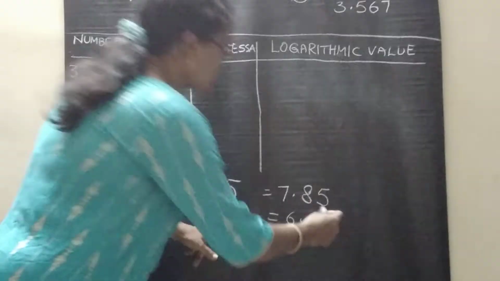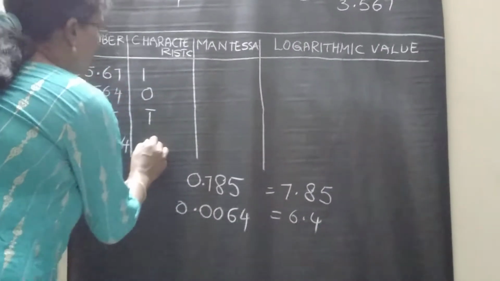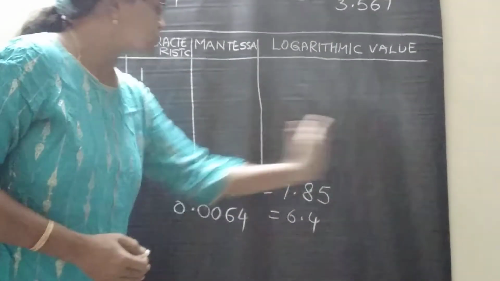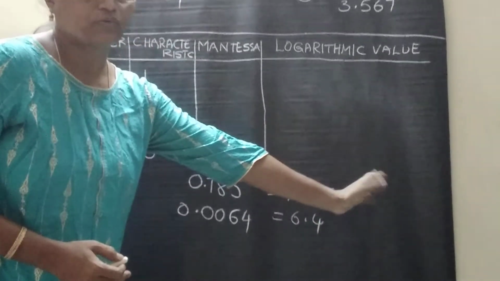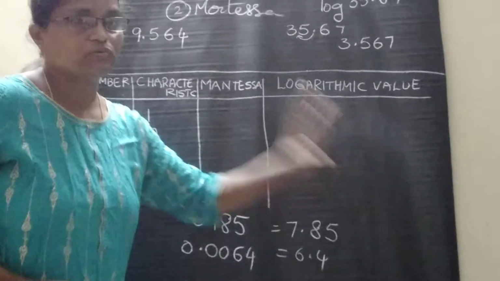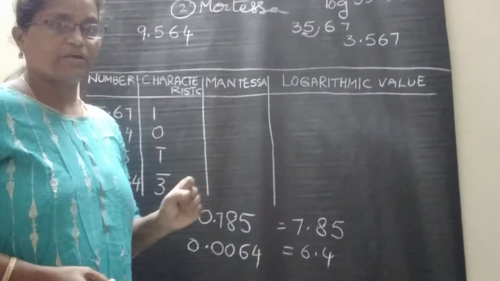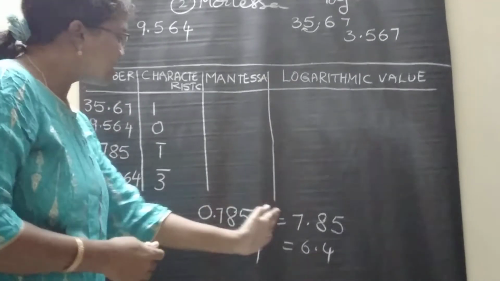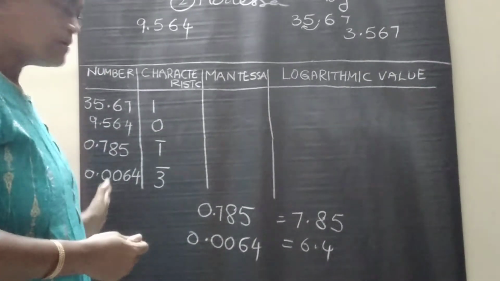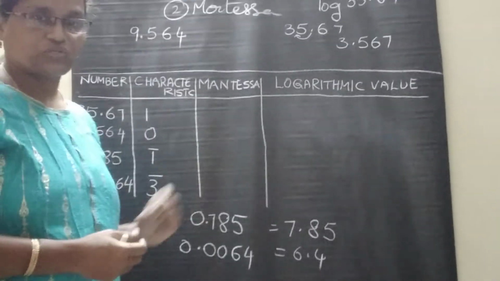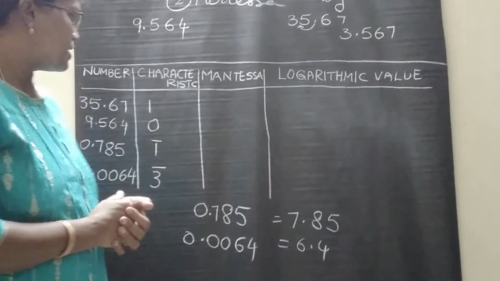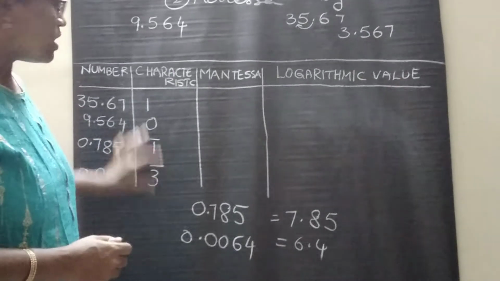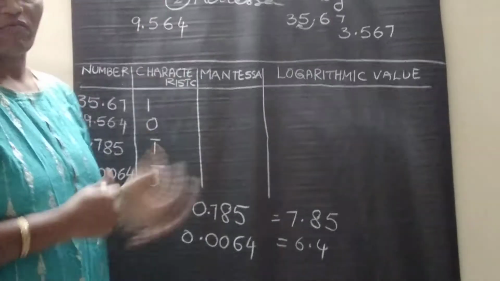So here the characteristic is bar 3. If we move the decimal point in this direction, we take the negative characteristic, that means bar 3, bar 1, and so on. If we move the decimal point the other way, we take the positive number only. In this way, we can find the characteristic of a logarithmic value.